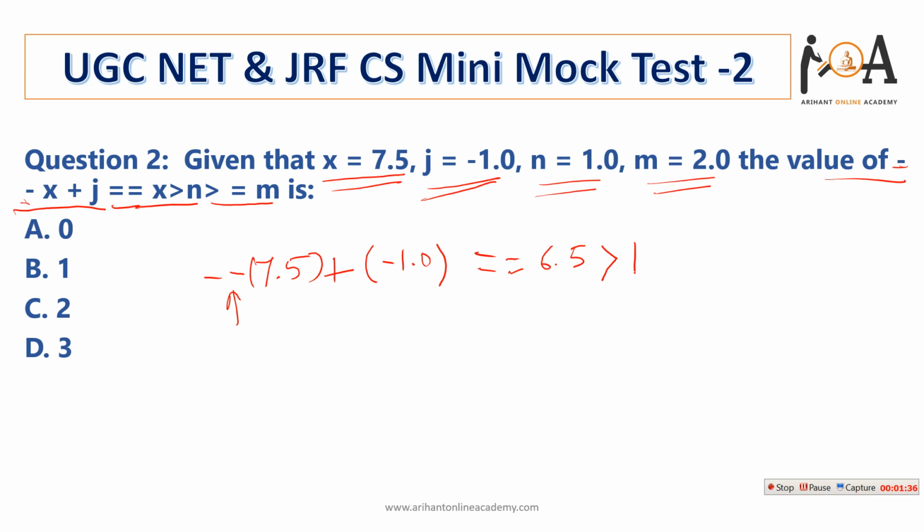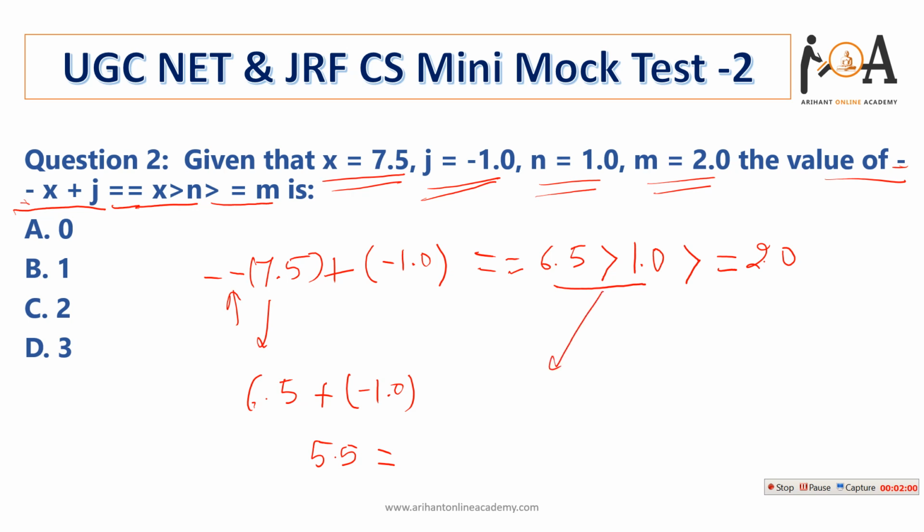Should be greater than n, that is 1.0. Should be greater than or equals to m, that is 2.0. Now the equation would be like 6.5 plus minus 1.0, so I can write it like 5.5 equals 6.5 is greater than 1.0.